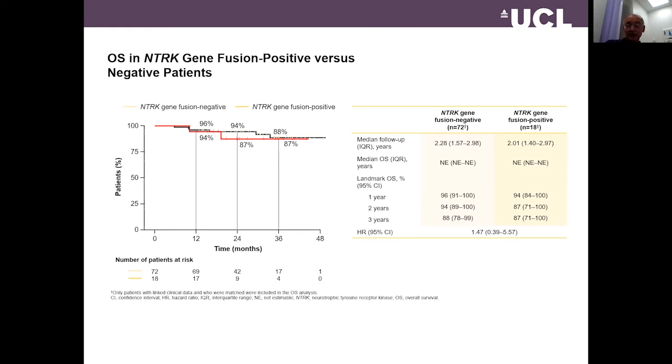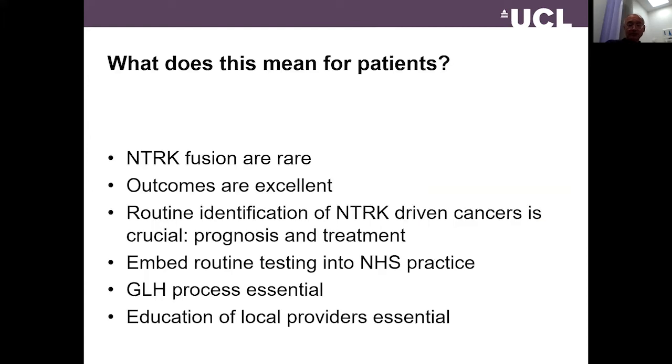This is astonishing, and a tribute to years and years and years of genomic research and the nirvana really of personalized therapy. What does this mean for patients? Put relatively simply, in a way that most oncologists, let alone patients, can understand: NTRK fusions are rare. The outcomes are excellent.